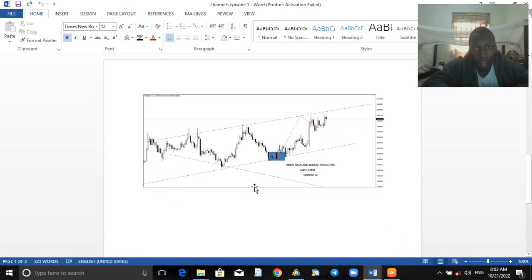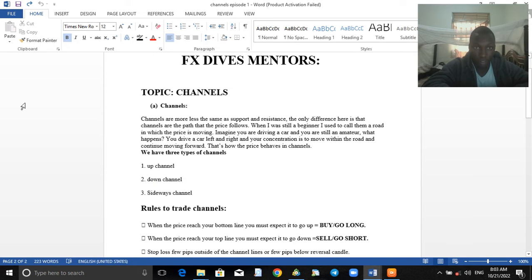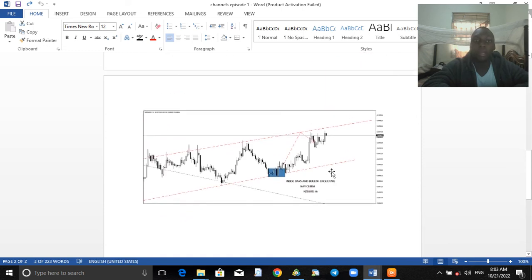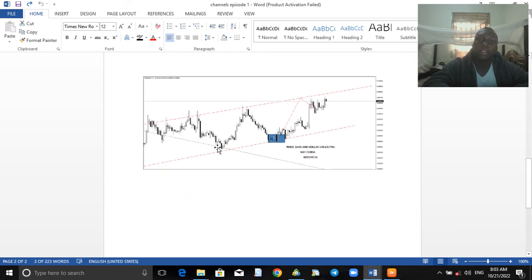Now, if I take you to my illustration, this is an example of an up channel. Why do we call it an up channel? Because we can see the market is in an uptrend, making higher highs and higher lows. As a trader, like I have told you, you see this weak rejection.